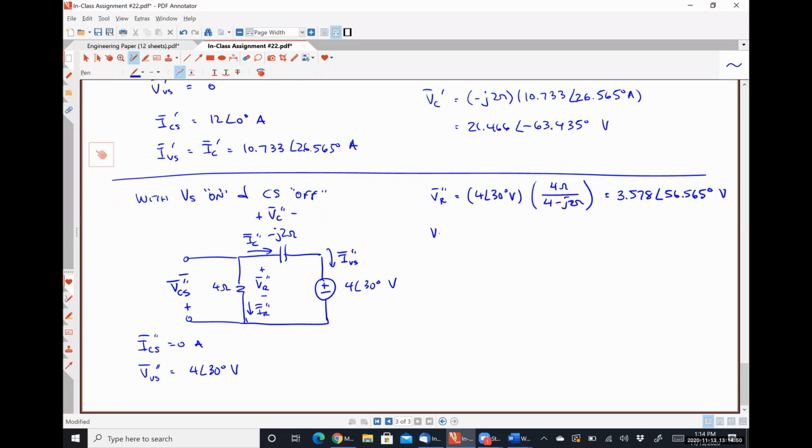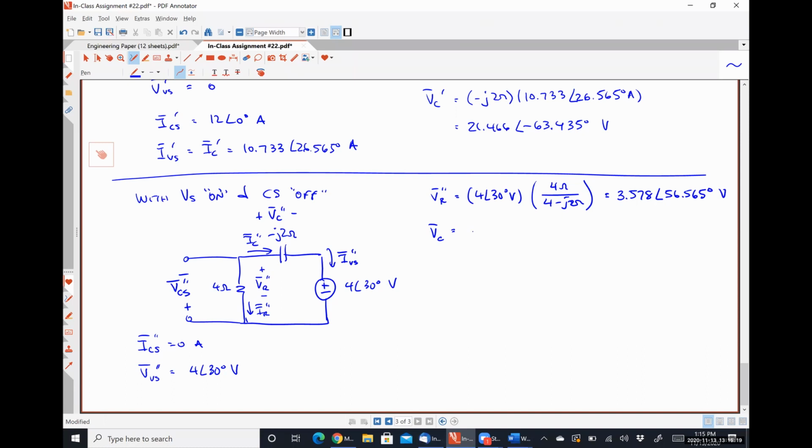VC is going to be, so if I do a Kirchhoff's voltage law loop around this thing, I have VC is positive polarity on the left. So let's see. So VC plus 4 angle 30 minus VR is equal to 0.